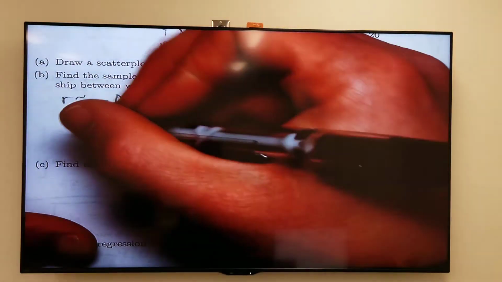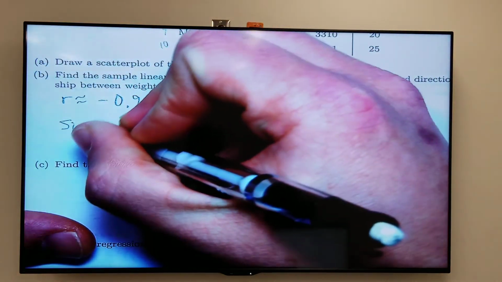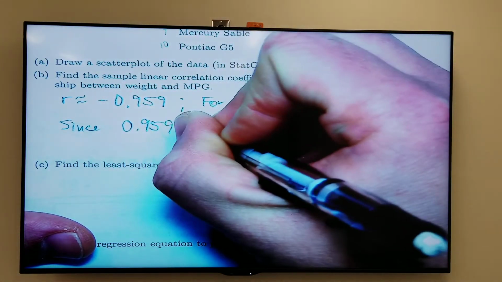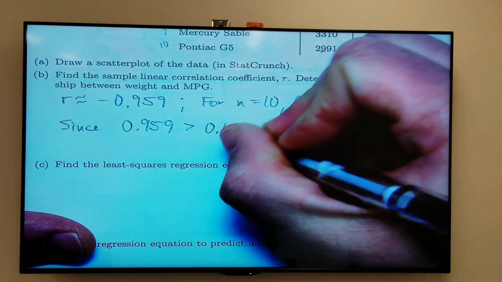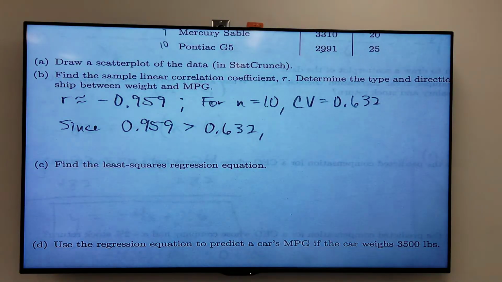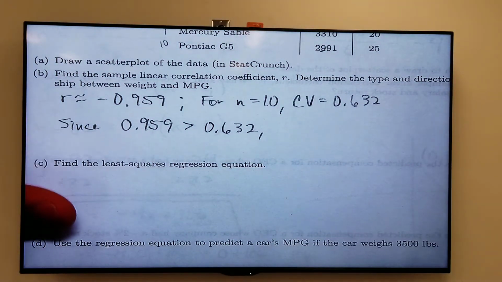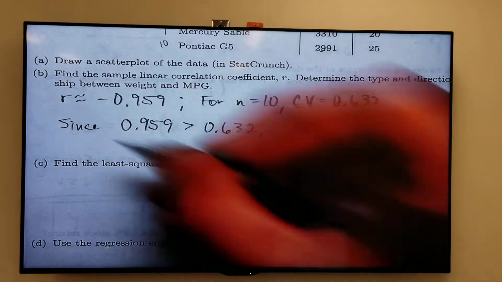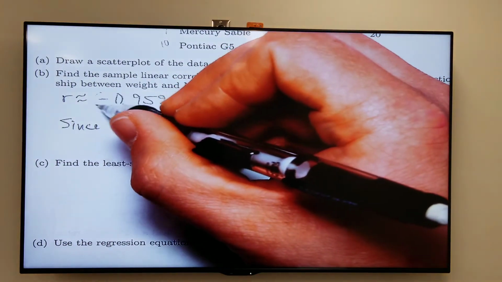So I might say something like this. Since 0.959 is greater than 0.632, it says determine the type and direction of the relationship. So the type is linear. There's a linear relation. The direction is negative, right? Because r was negative.